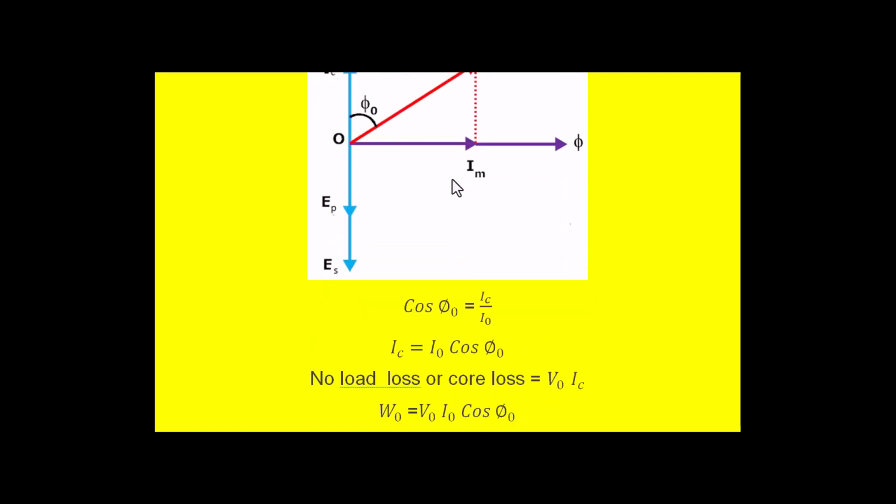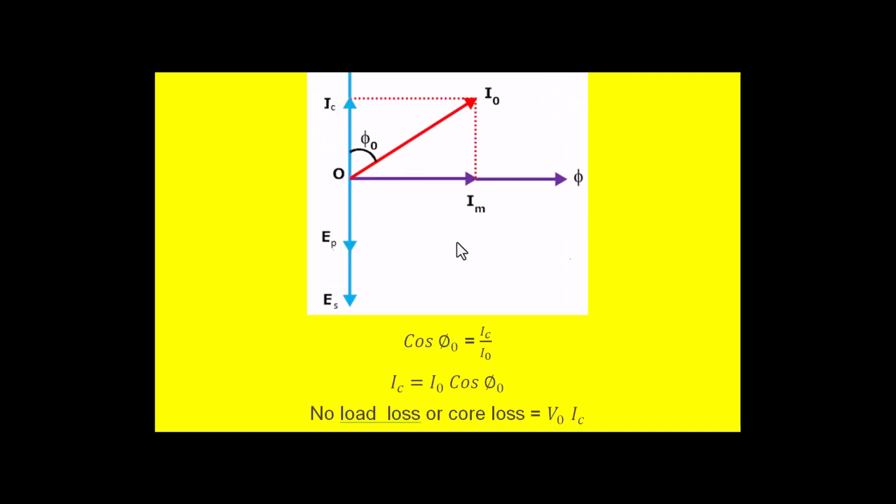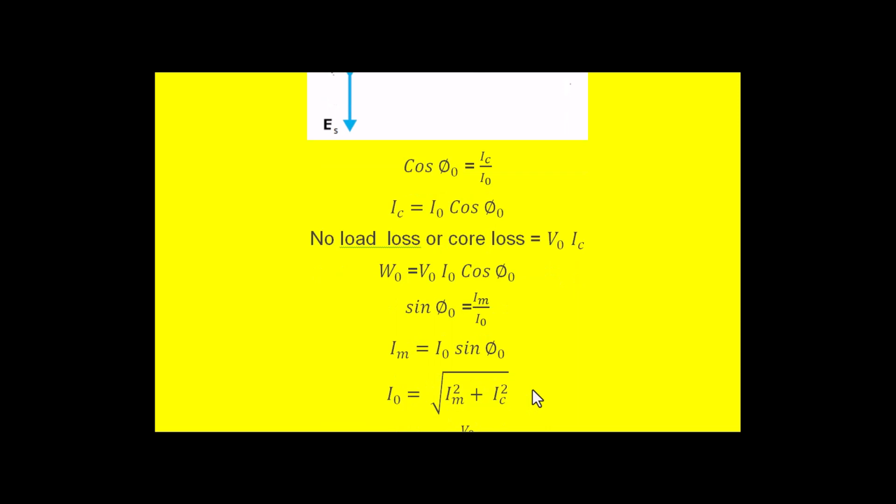Substitute this IC value here, then we get W naught is equal to V naught I naught cos phi naught. And from this vector diagram, we can also write what is called the sin phi naught. So from sin phi naught we get Im by I naught like this. From this we can calculate what is Im. Im is nothing but I naught sin phi naught.